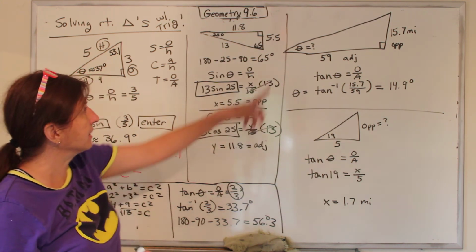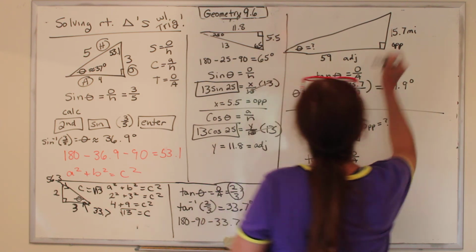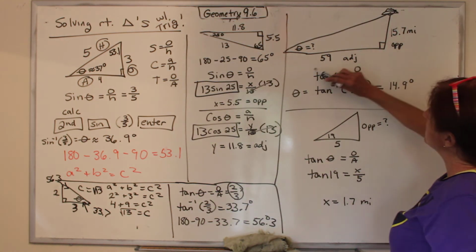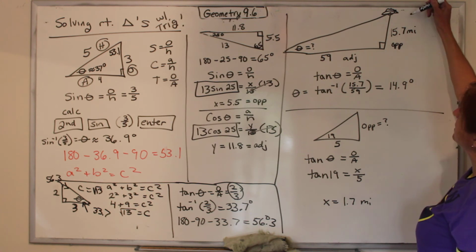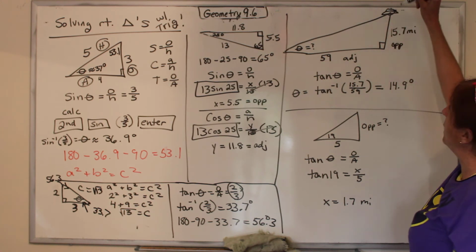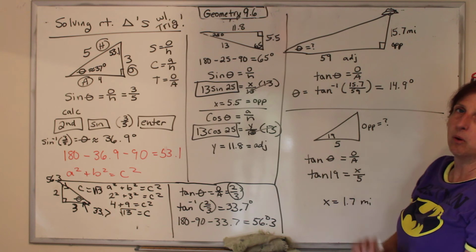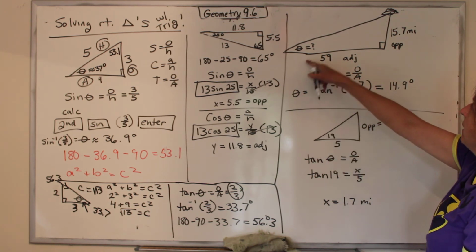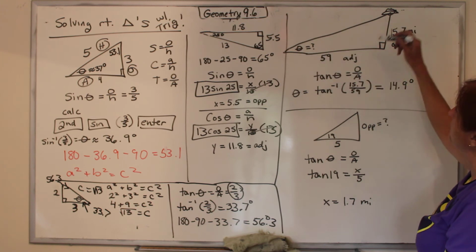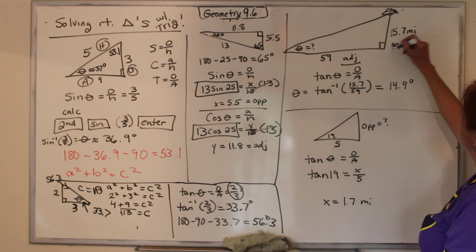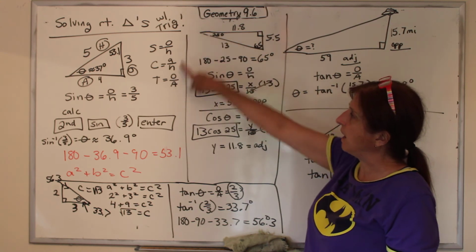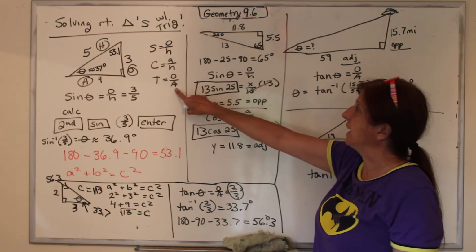Okay? Let's look at this one. Here we have the space shuttle. There it is flying along. And when it is 59 miles out, it's 15.7 miles up. And we want to know what angle it's flying at. So we don't have theta. We don't have hypotenuse. We have adjacent and opposite. Which of our ones have adjacent and opposite? Ding, ding, ding. It's tangent.